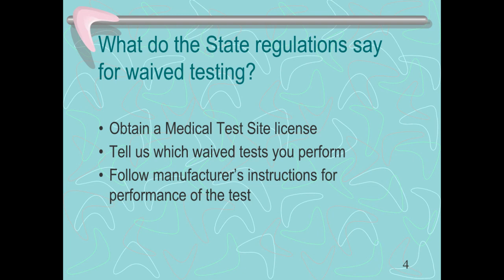Just make sure you have your policies and procedures in place, and also that you understand how to follow the manufacturer's instructions for the testing material that you have. So they're going to come out that initial time before they designate your particular location as a CLIA waived testing site, and make sure that you meet the requirements for state licensing.